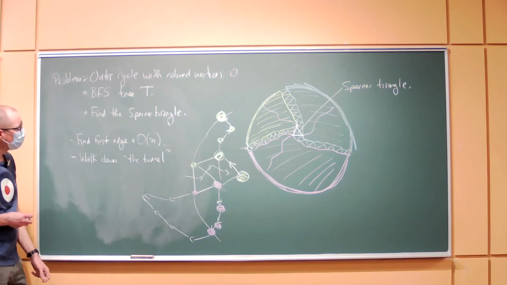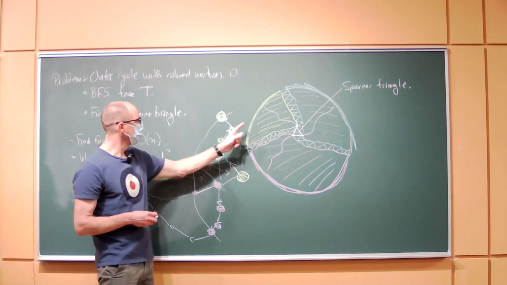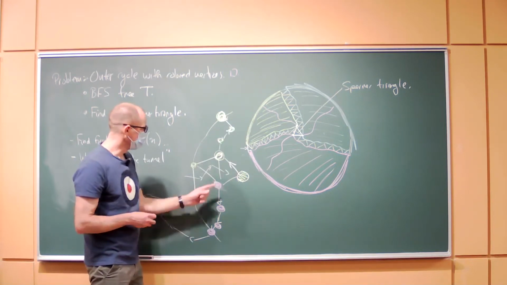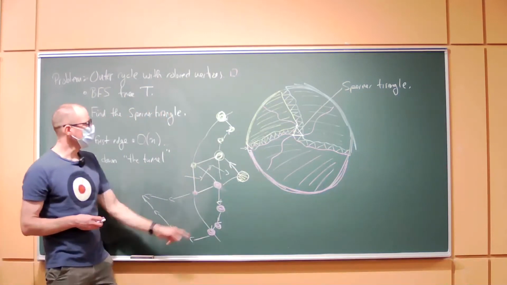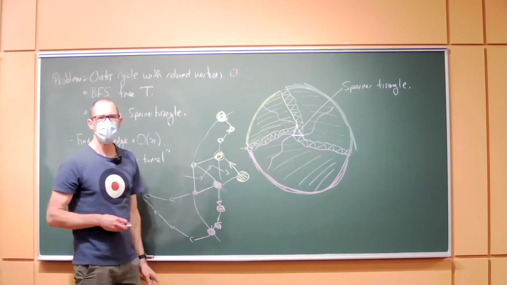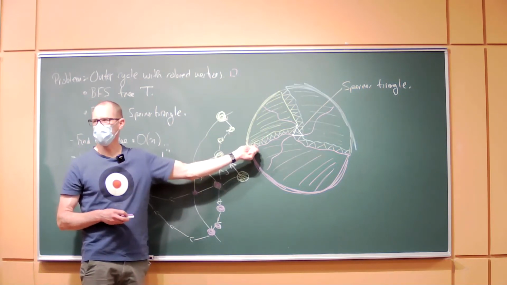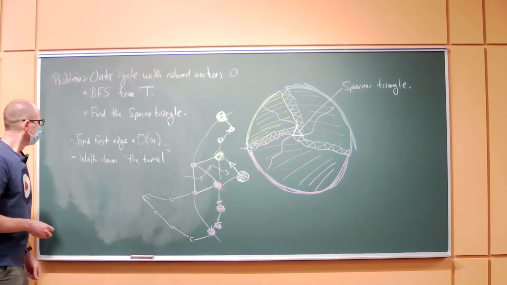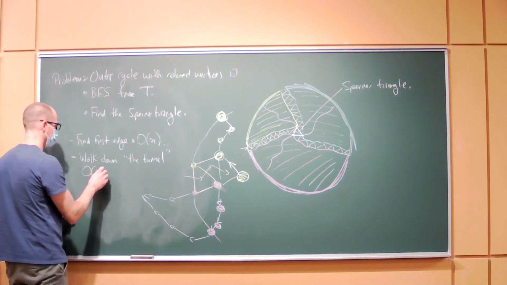So if you count the total number of steps you take in all of the times you're computing the colors that you need to walk through this tunnel, that's not going to be more than the number of vertices, because each time you walk over a vertex, you remember its color, so you'll never walk over it again. So that you can do in O of n time.